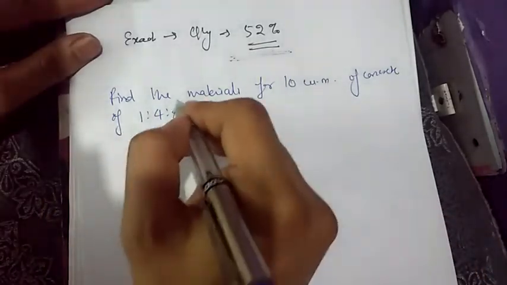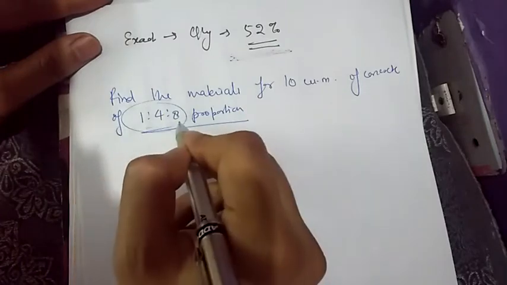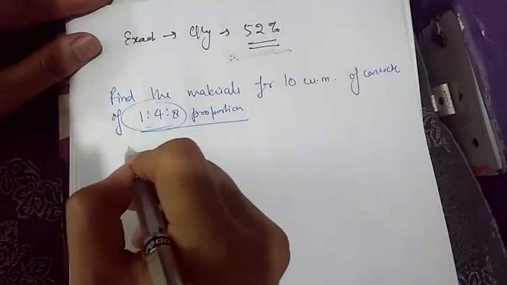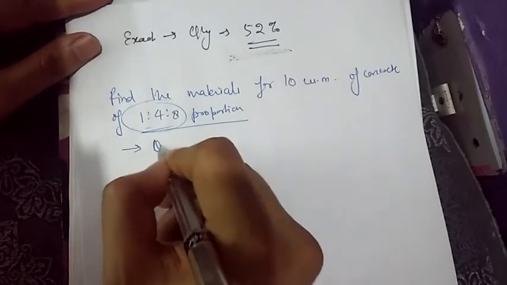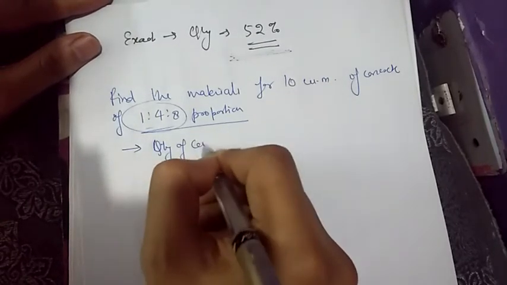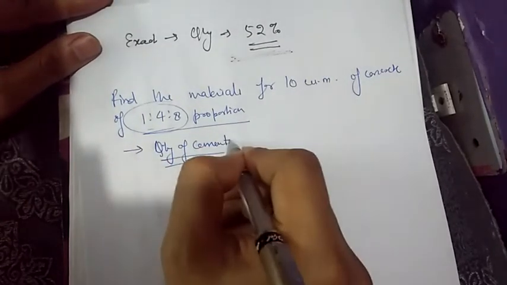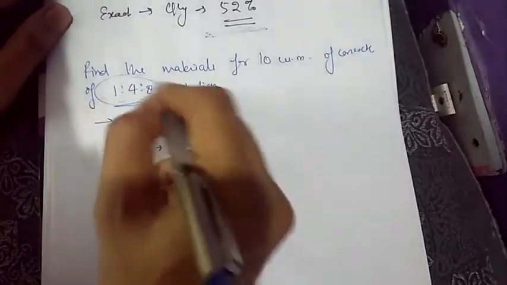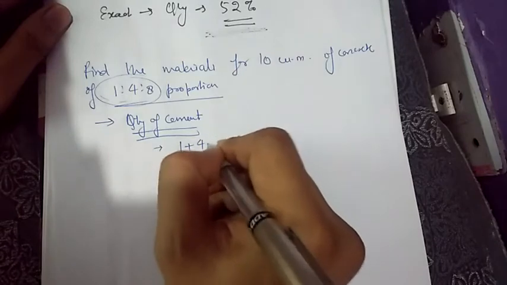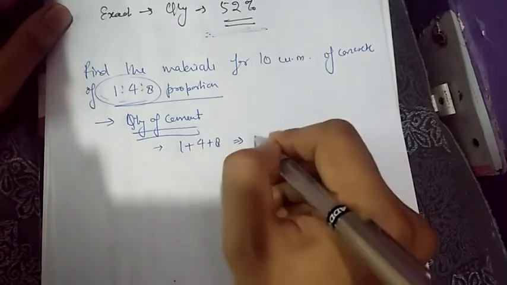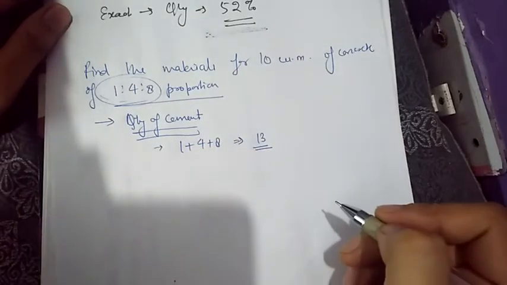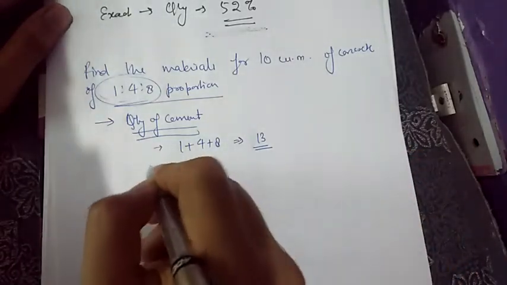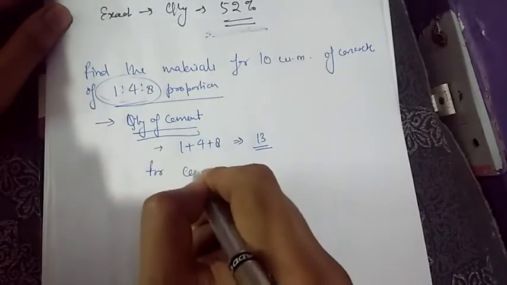So for cement we have this proportion for total mix. Quantity of cement: here we have the total ratio, it is coming to be 13. And for cement only it should be 1 by 13.